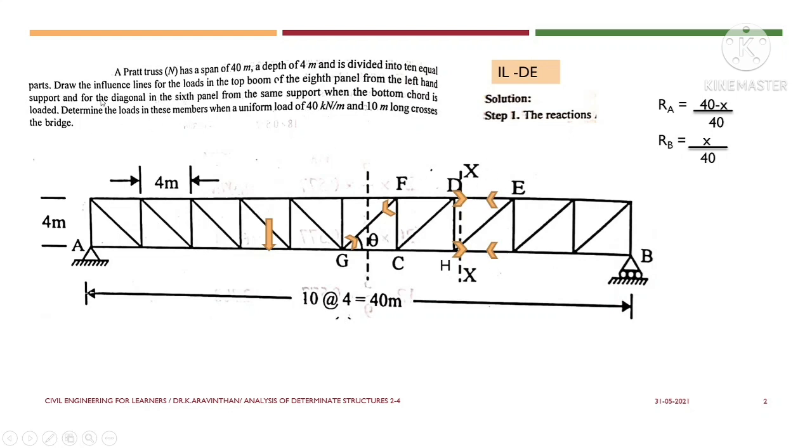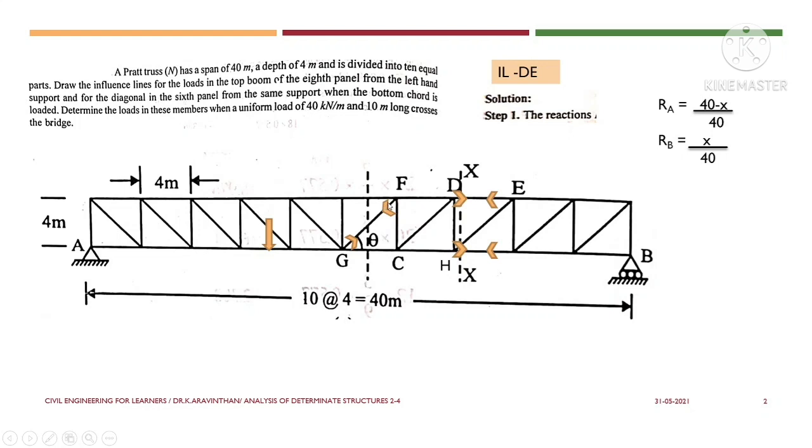The next thing is the diagonal in the 6th panel from the same support when the bottom chord is loaded. Looking at the 6th panel, 1, 2, 3, 4, 5, 6, it is covered by the joints G, C, F and S, and this is the diagonal member we are interested in.